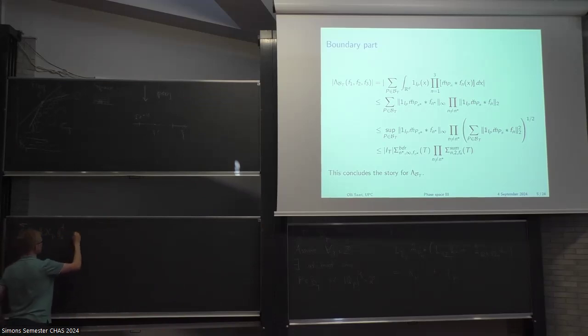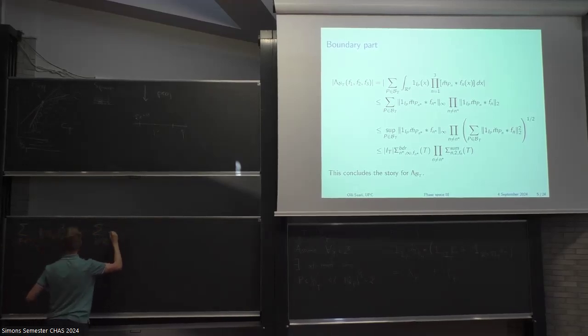And this thing we can of course split into two sums. We sum over the scales, and then for each scale we have the dyadic intervals corresponding to the tiles of that frequency box.